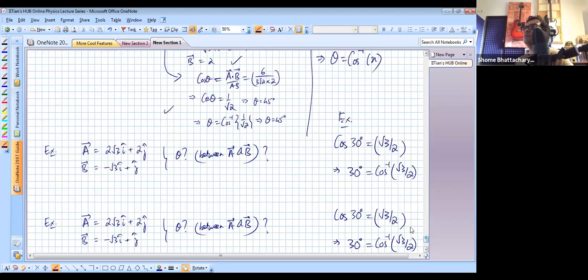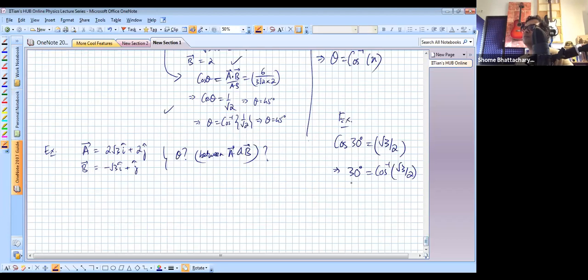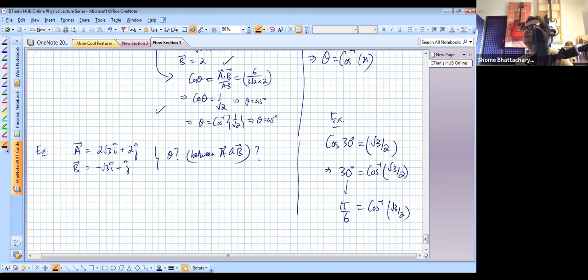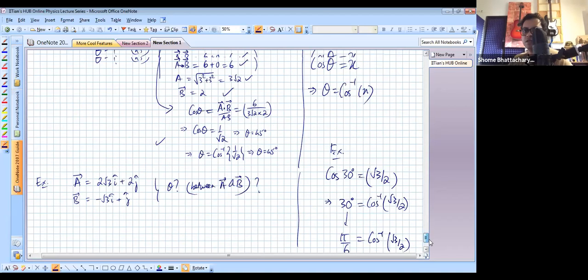Or, if you're speaking about proper mathematics, you should actually express 30 degrees in pi. So pi by 6 is equal to cos inverse root 3 by 2. So this is just about the definition of inverse trigonometric functions in mathematics.